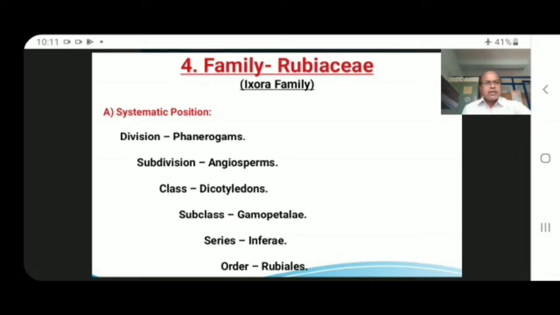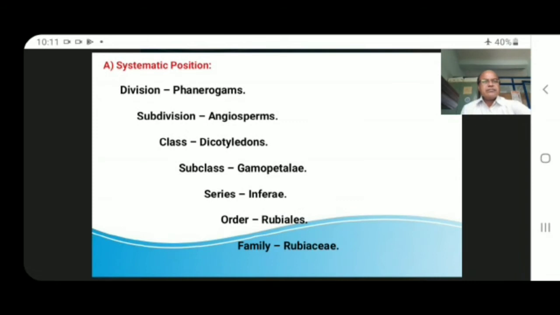Flowers are bracteate or ebracteate, pedicellate, actinomorphic, complete, epigynous, bisexual, sometimes unisexual, tetramerous or pentamerous. Calyx sepals are 4 to 5, gamosepalous. Calyx is 4 to 5 lobed, and lobes are valvate. In Mussaenda, one of the 5 sepals is much larger and brightly colored.